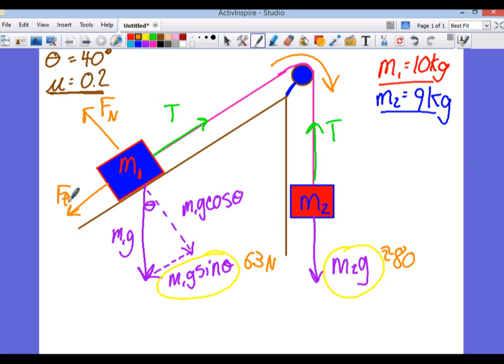And the final step, we need to put in a coordinate system. We always put in our coordinate system so that our x direction is in the positive direction of motion. So I will draw that in right here, that this is our positive x direction, and that's our positive y. So anything that points up the ramp is positive for us.